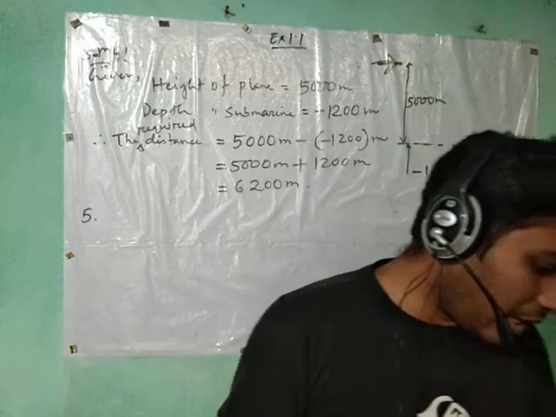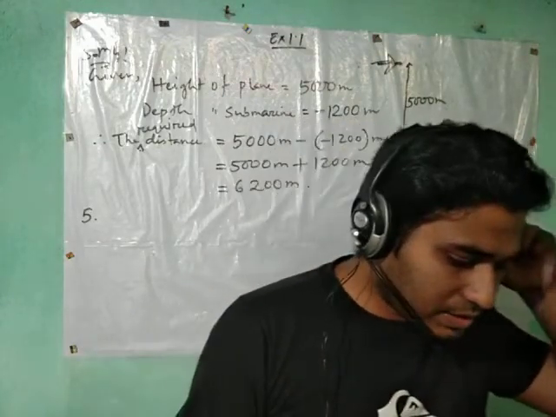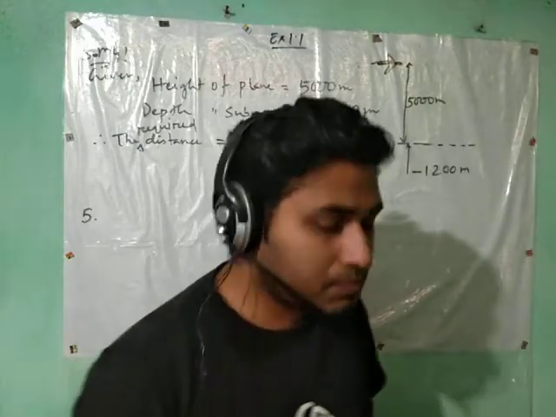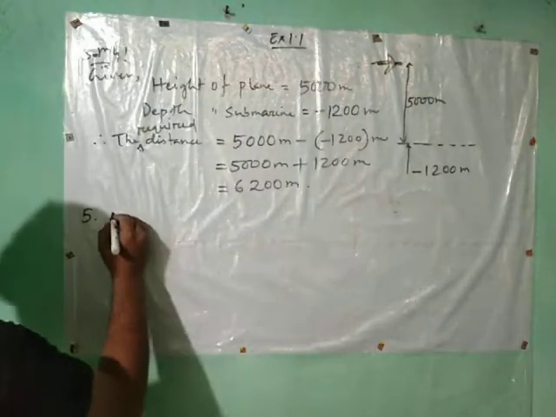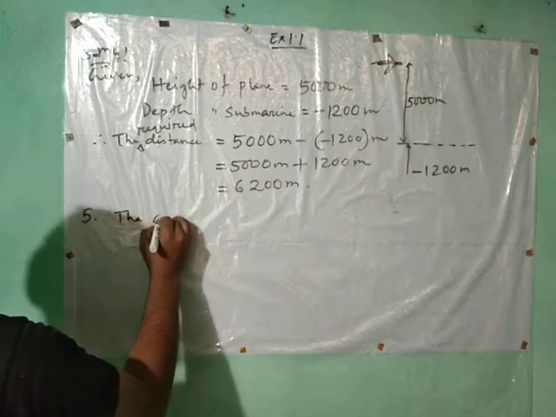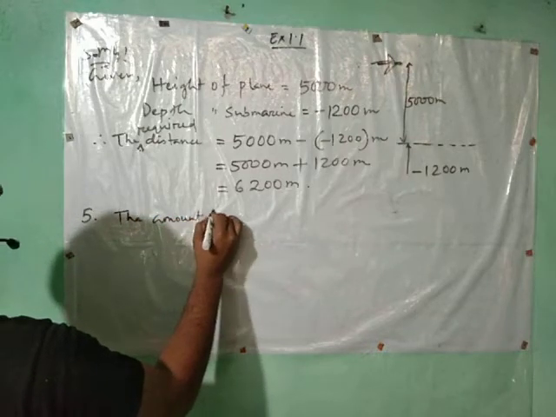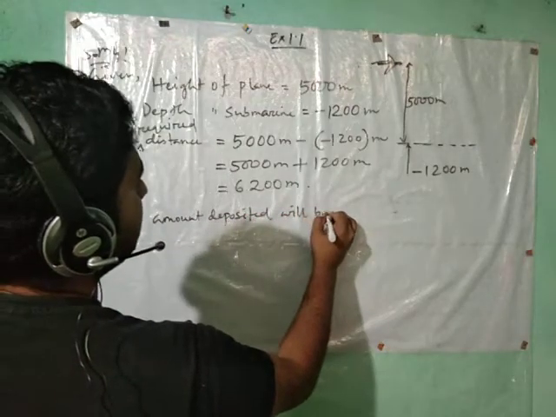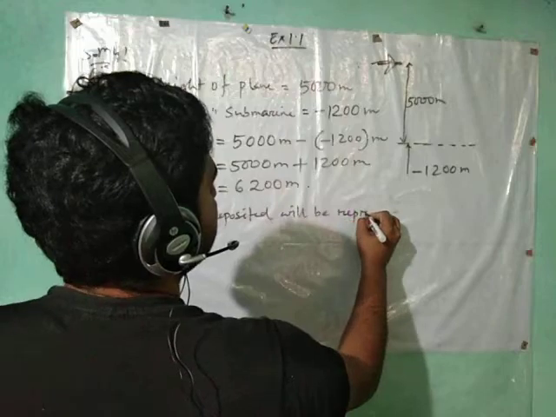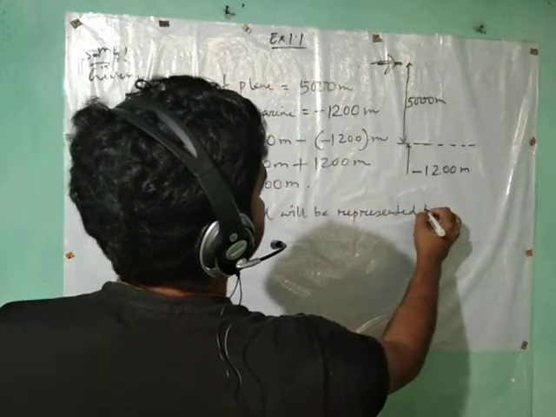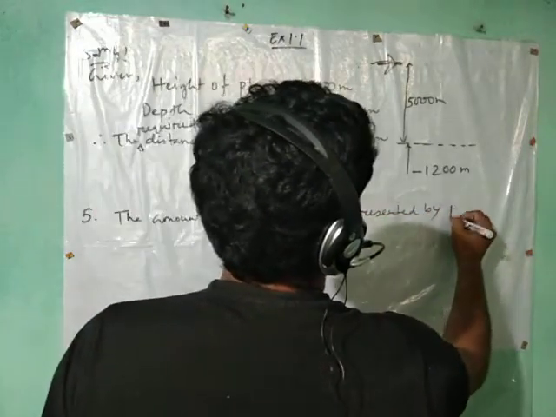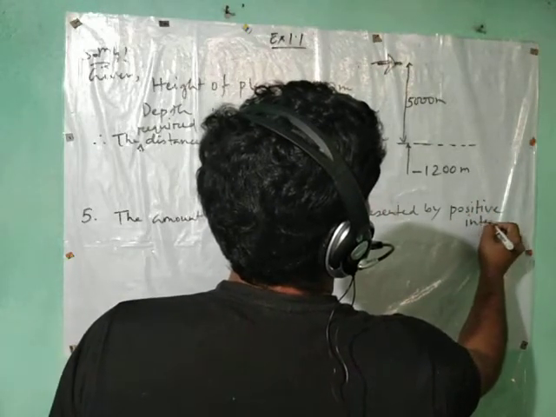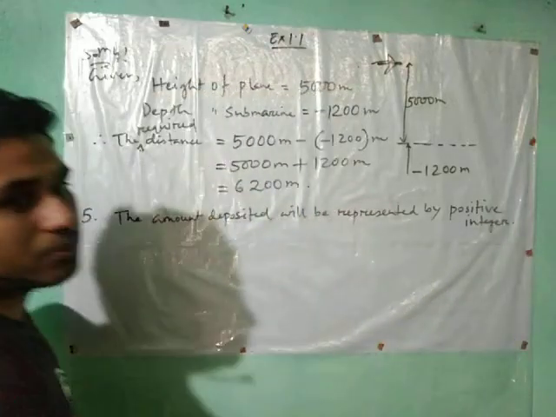If withdrawal of amount from the bank is represented by a negative integer, then how will you represent the amount deposited? The amount deposited will be represented by a positive integer. I hope you got it.